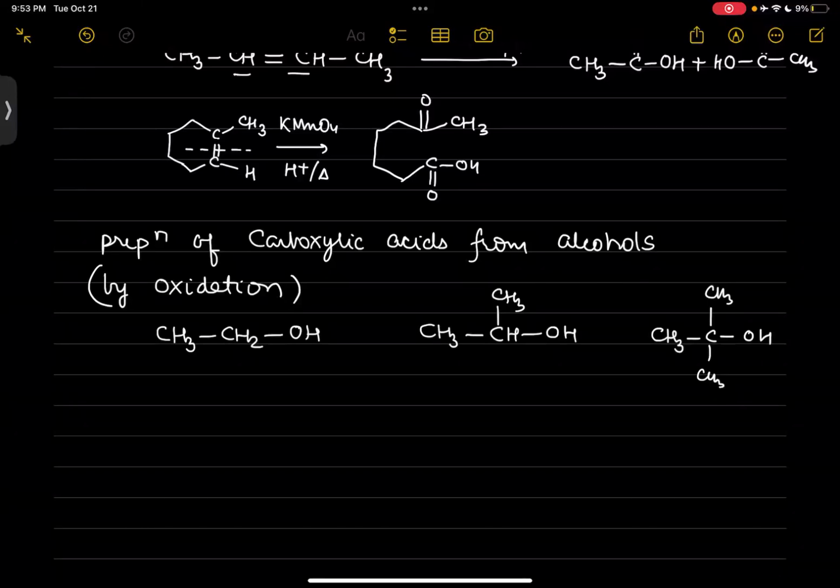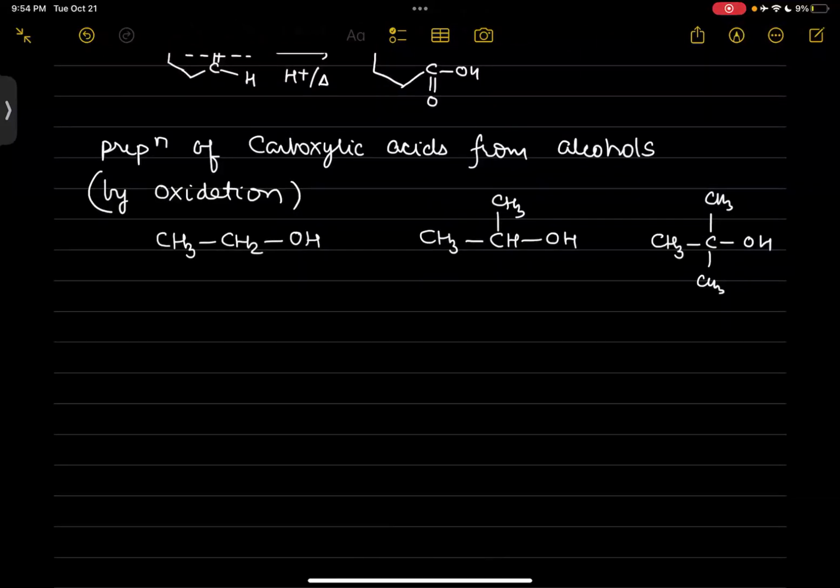So first of all, we need to check which kind of alcohol can get oxidized, whether the alcohol can get oxidized or not. Okay. And if they get oxidized, whether they are going to get the carboxylic acid or not. Got it? So primary alcohol, we have seen they get oxidized in two stages.